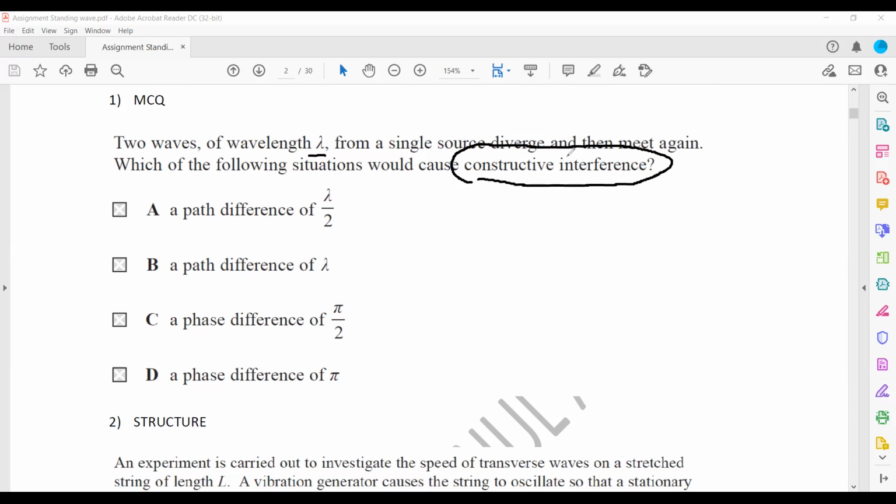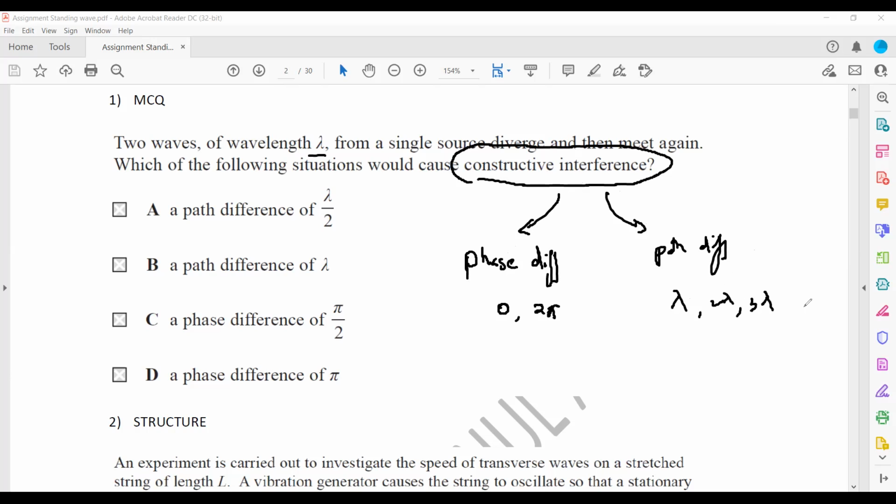For constructive interference, the phase difference should be 0 or 2 pi, and the path difference should be lambda or 2 lambda or 3 lambda, and so on.